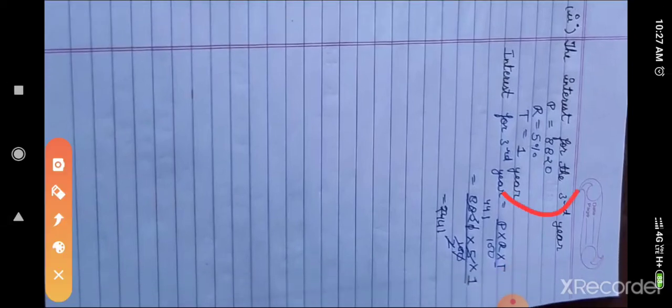So here we write 8,820 for principal, 5% is rate and time is 1 year. Now interest for the third year is principal multiplied by rate multiplied by time divided by 100. Then we substitute values from the given information and we have rupees 441. It is the interest paid by her for the third year.